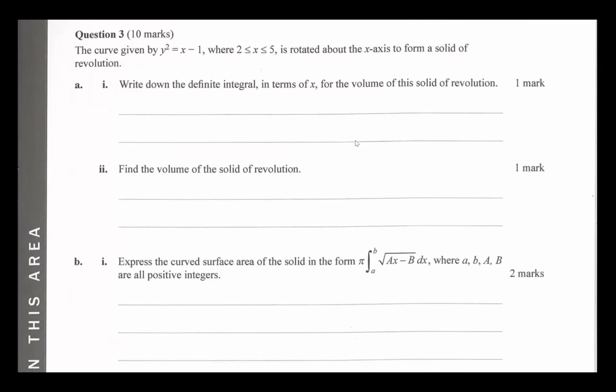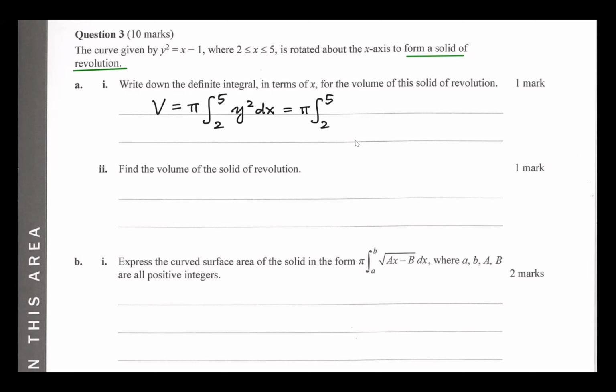The curve given by y squared equals x minus 1 from 2 to 5 is rotated about the x-axis to form a solid of revolution. Write down a definite integral in terms of x for the volume of the solid of revolution. So V equals pi integral from 2 to 5 of y squared dx. We already have y squared, we don't need to reinvent the wheel.